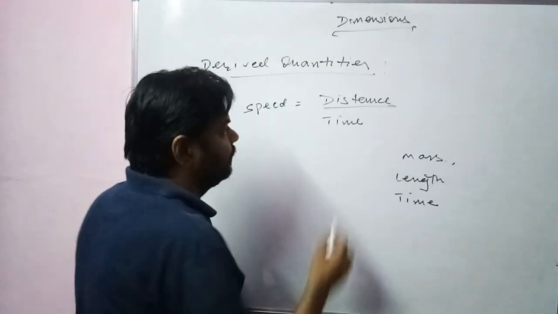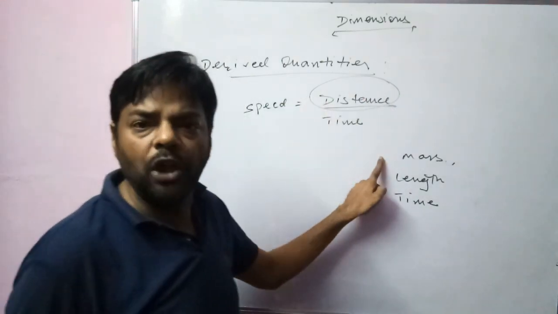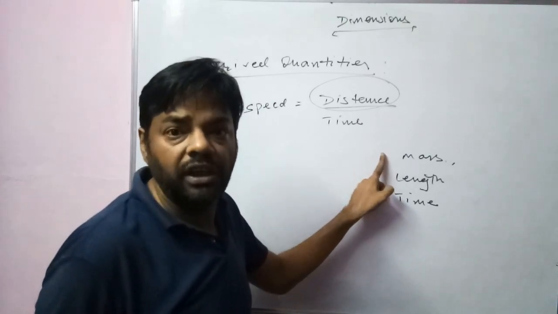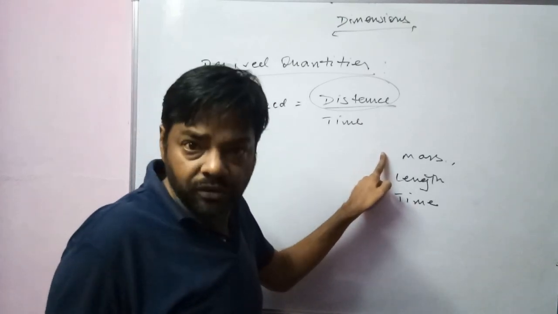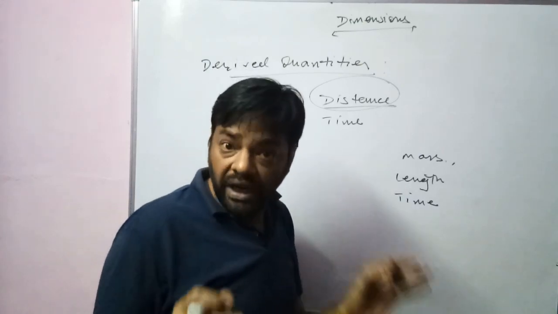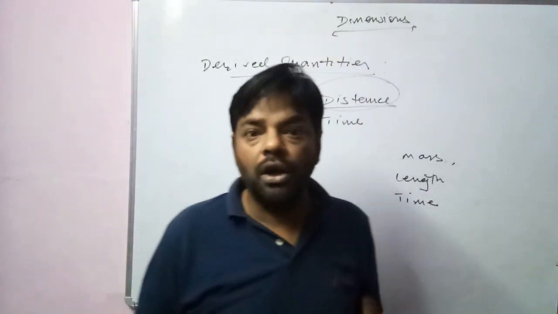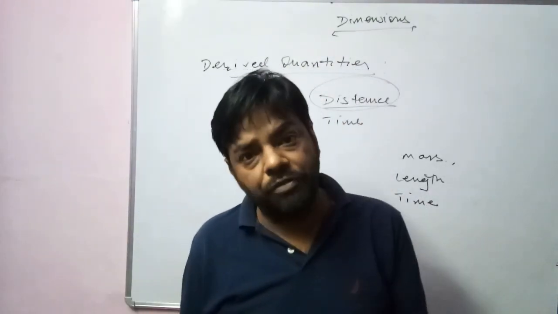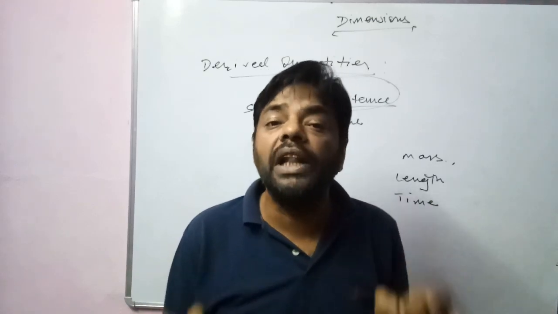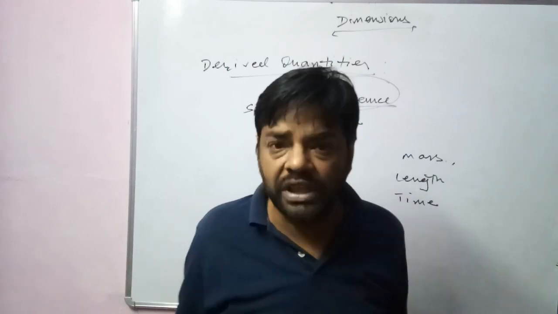Try to compare this distance: does it belong to mass, length or time? Distance is not a kind of mass, but distance is a kind of length. The same goes for the radius of the circle and the circumference of the circle; they again belong to the fundamental quantity length. They have nothing to do with mass or time.